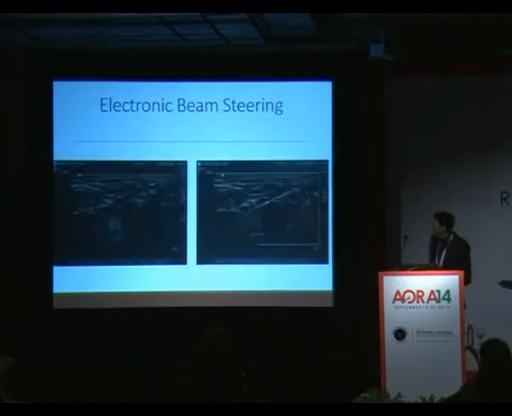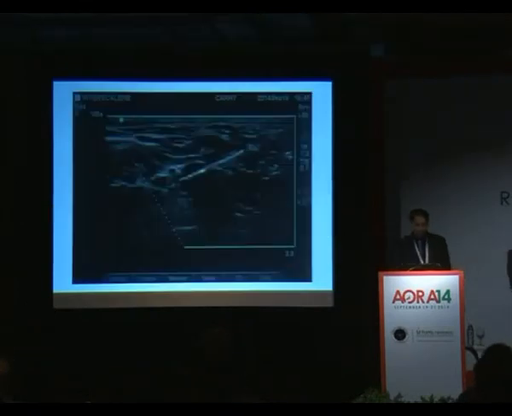This is an image of a regular needle without beam steering technology. But when you turn on the beam steering technology, the needle lights up. Okay? You do have certain other options based on your system. This is just one manufacturer. So you have the ability to flip the image, flip the beam steering in case you're coming in from the other side. And you have the option of changing the trajectory of this beam.